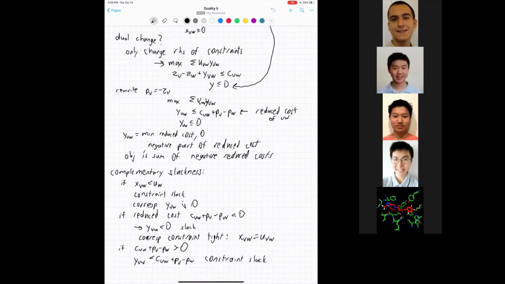And if the constraint is slack, that implies that the corresponding variable, XVW, is equal to 0. So what we've just shown is that if you have negative reduced costs, the edges are saturated, and edges with positive reduced costs are empty. And if you think back to our analysis of min-cost flow, that's exactly what we concluded in our study of feasible prices.